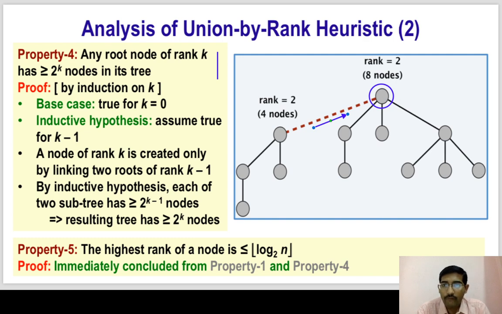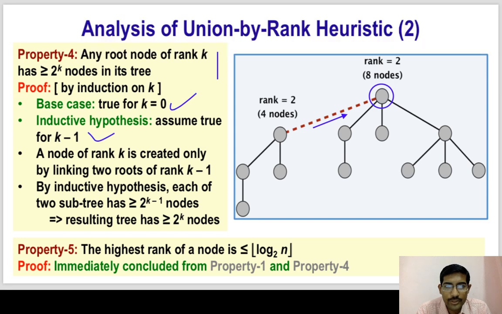So after this link has been performed, my rank becomes 3. So what I have to prove here is that I have at least 2 to the power 3, or 8, nodes in the tree. This also we can do as we have done earlier using induction. So for k equal to 0, that is only for rank 0 or 1 node, it is basically true, because 2 to the power k is 1. So I have 1 node in the tree, obviously.